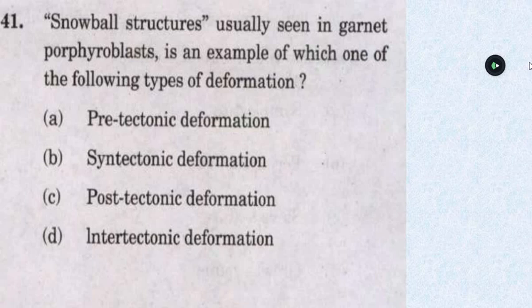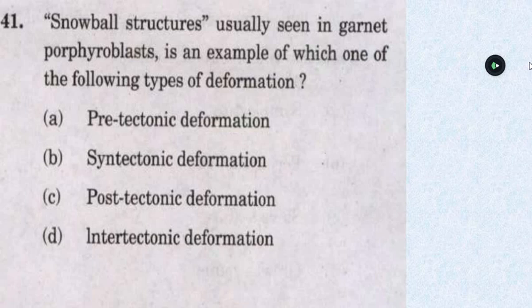The snowball structure is simply forming due to the extensive shearing. When a rock, crystal or metamorphic grain is extensively sheared, the grain will rotate, right? Then it will form like a ball. Simple.